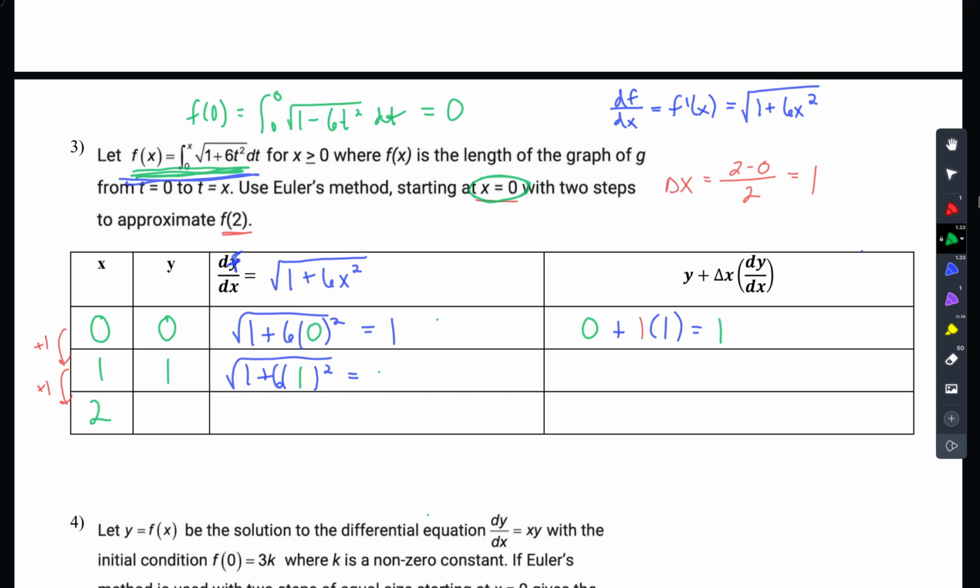I don't know what I'm doing. I got root 7. Wait. No, he's got a point.